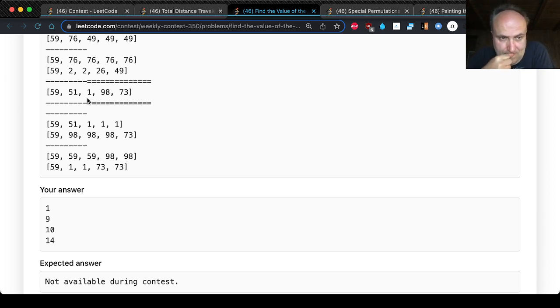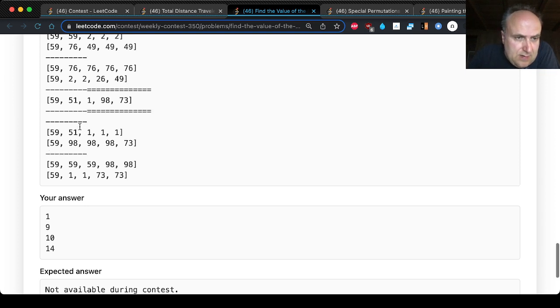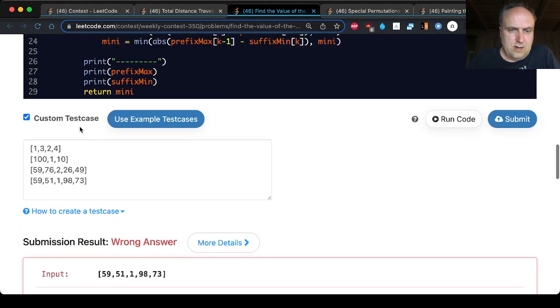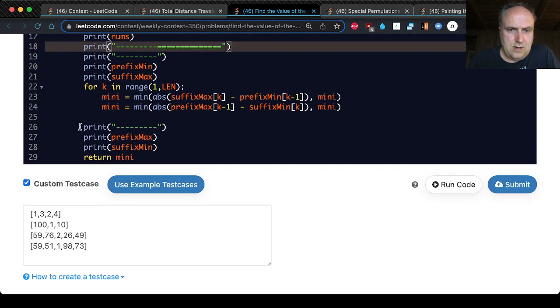And now suffix max. Oh, I need to do it the other way. Oh, this is crazy. So suffix min and prefix min.